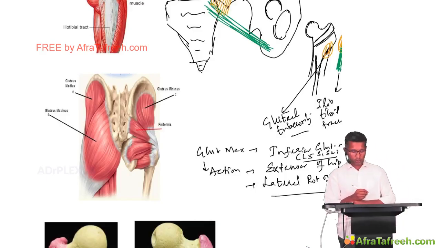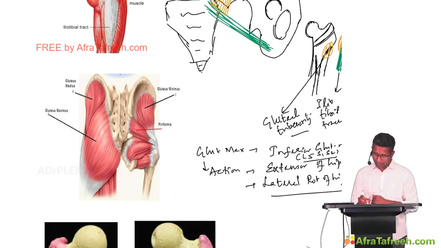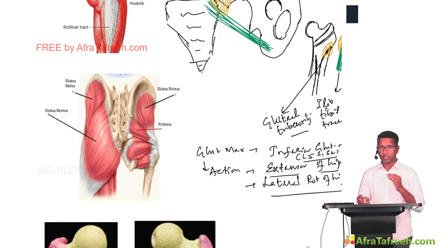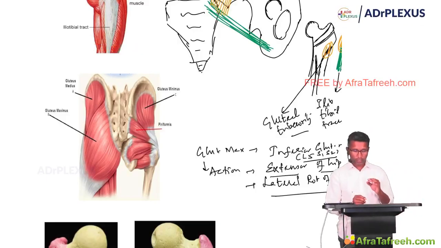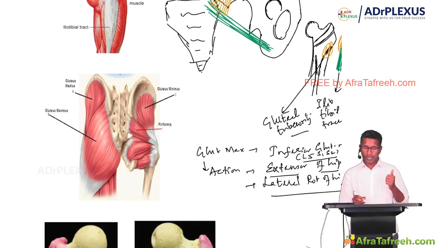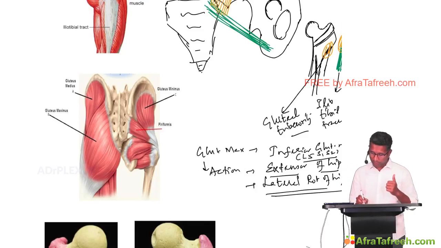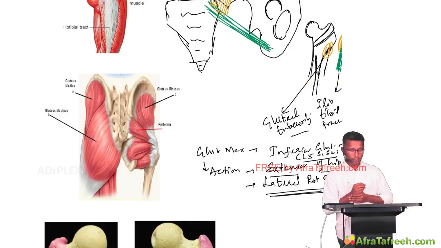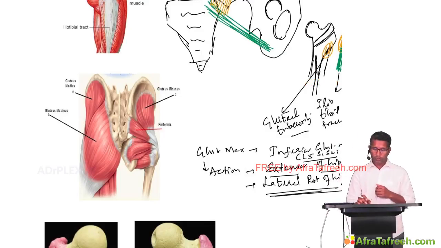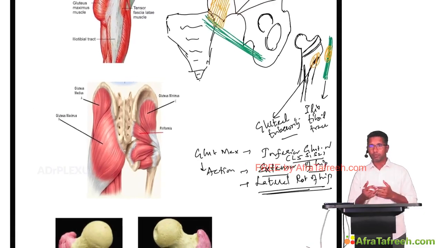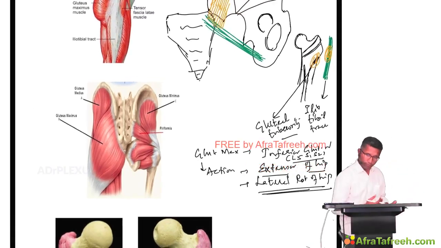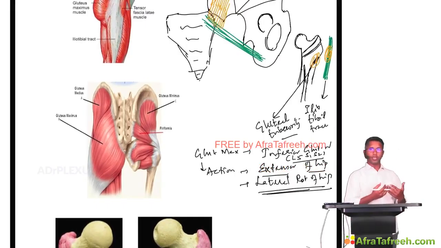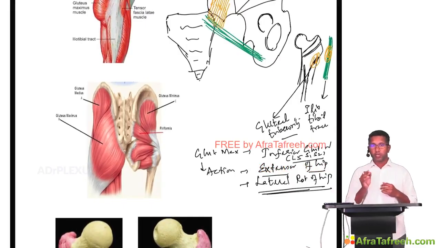Also remember, it causes extension of the hip joint. Whenever a muscle causes extension of the hip joint, it will also act as a lateral rotator of the hip joint. So these are all the actions of the gluteus maximus. If a person is sitting on the floor and has to get up, gluteus maximus is the main muscle which helps in that.